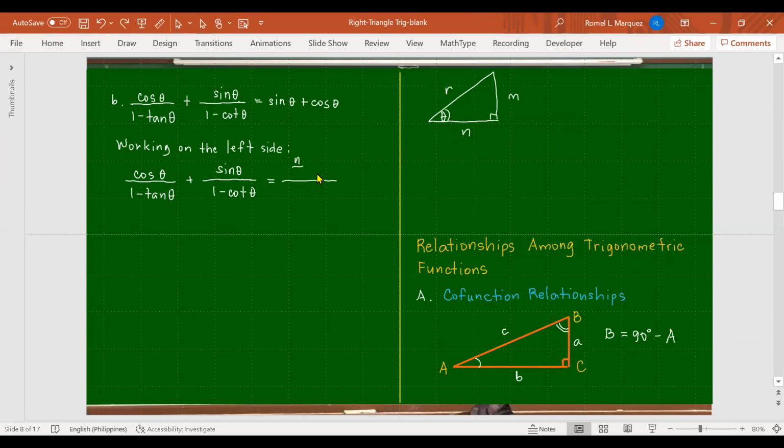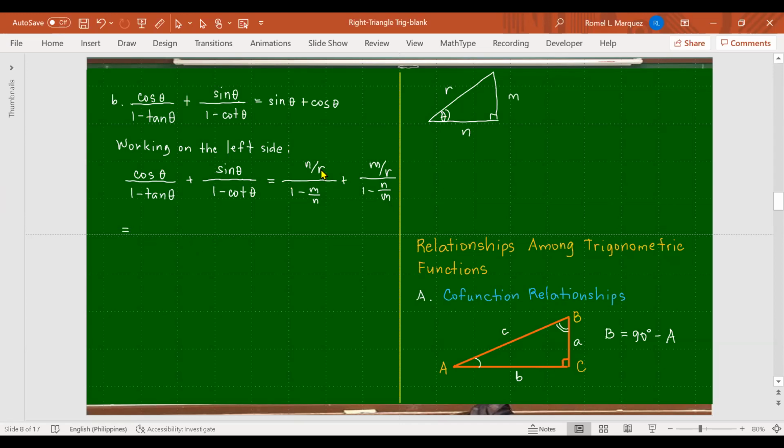Then, n over r. What about tangent? Tangent is opposite over adjacent. And then plus sine theta is opposite over hypotenuse all over 1 minus cotangent, which is adjacent over opposite. Okay? So let's simplify.